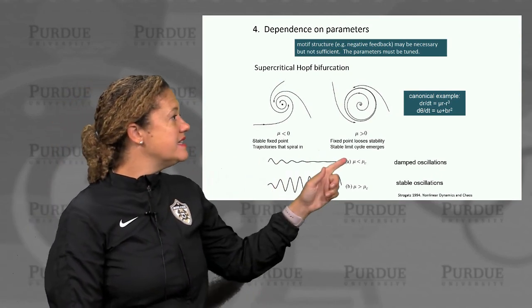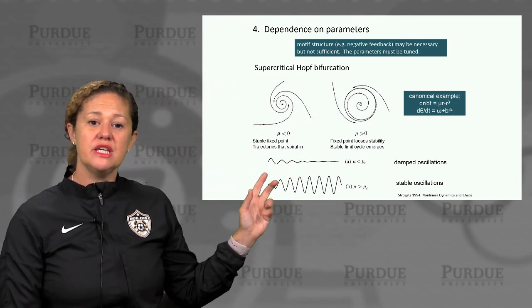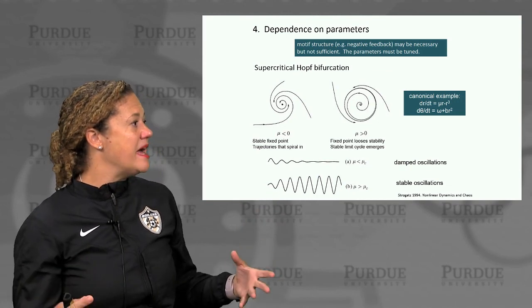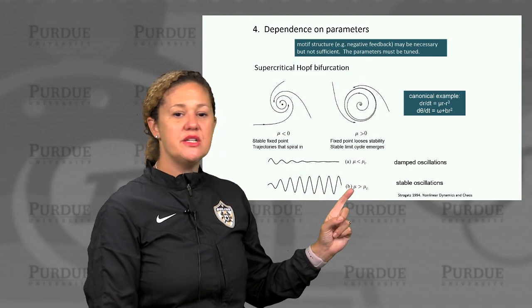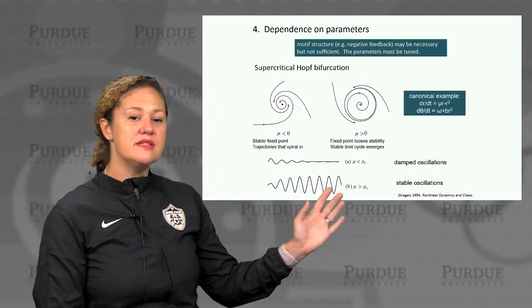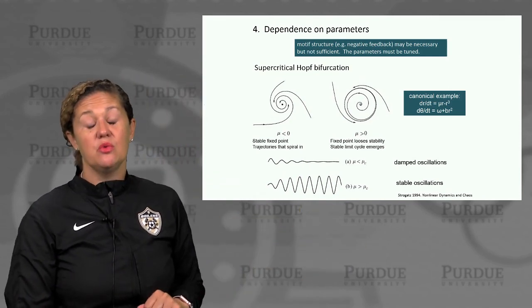So the existence of a supercritical Hopf bifurcation is often something that we look for in the mathematical structure of our system. Then what we want to do is find those critical parameter values, on one side of which we get stable oscillations and on the other side of which we don't.